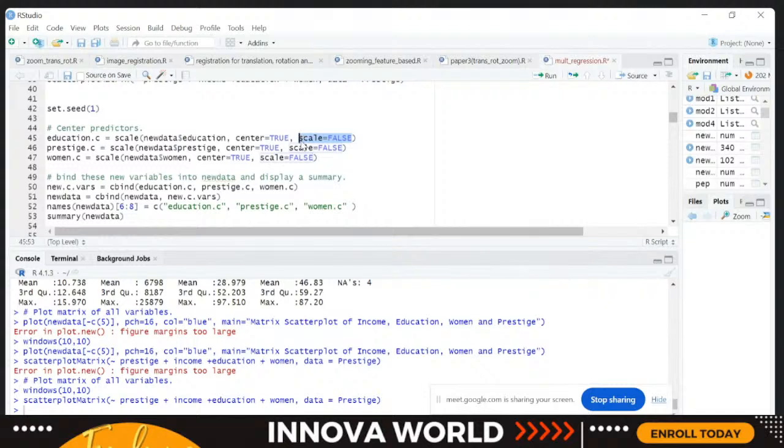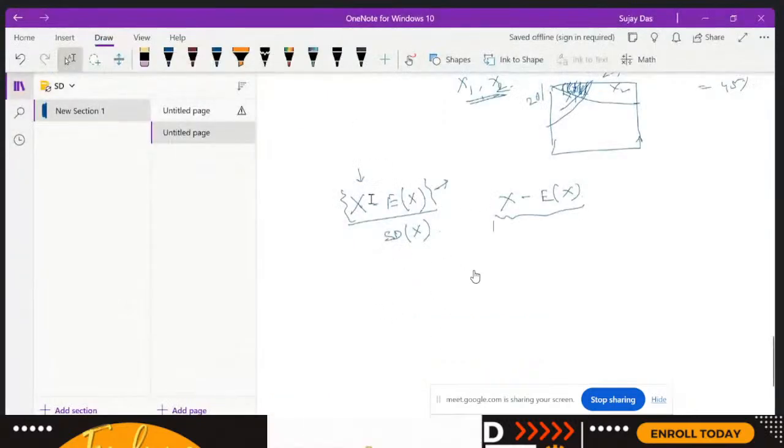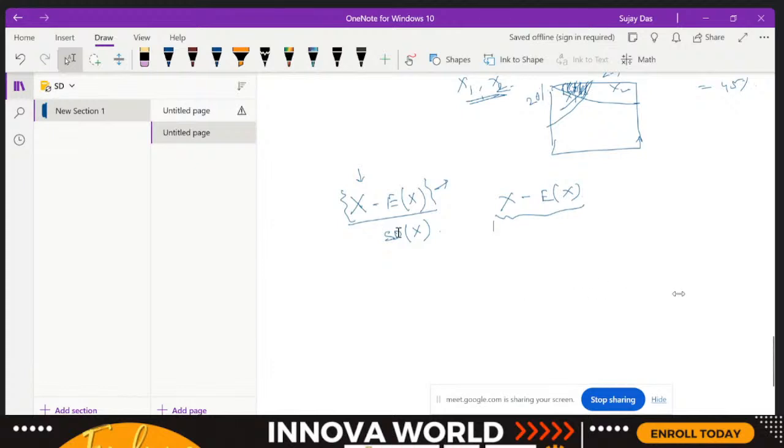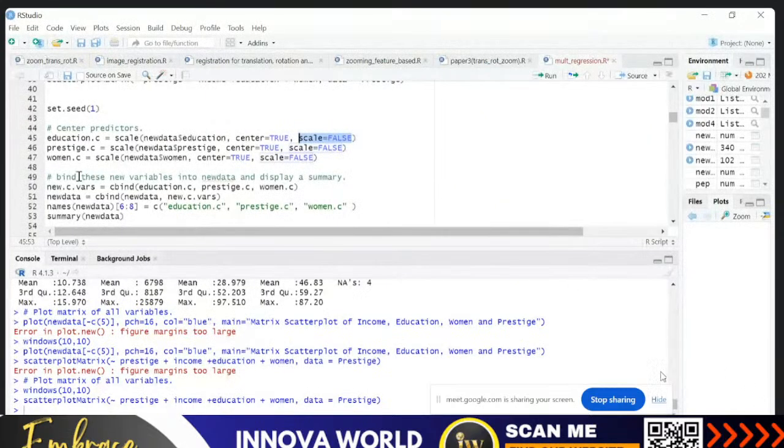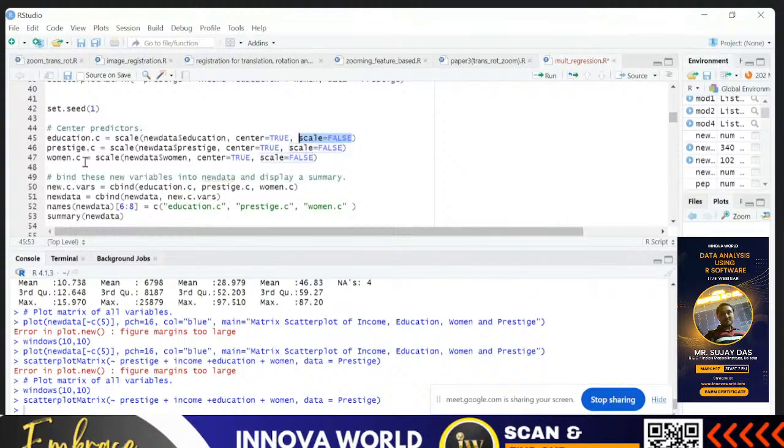I just told you that we want to centralize the data, but we are not scaling the data. If we had written scale equal to true, then we would get the variable (x minus mean of x) divided by standard deviation of x. But we do not want that. We only want the centralized variable. In this way we are changing all these variables: education.c, prestige.c, and women.c.